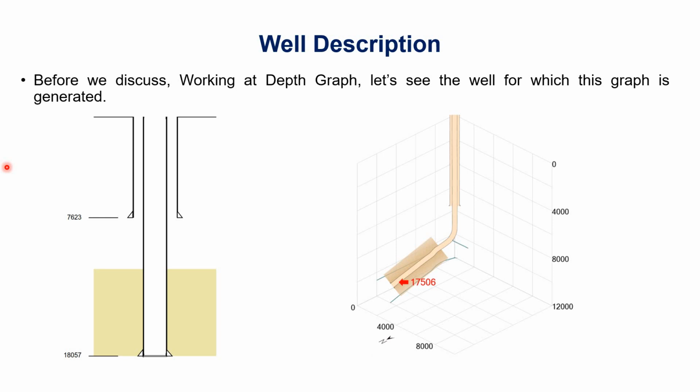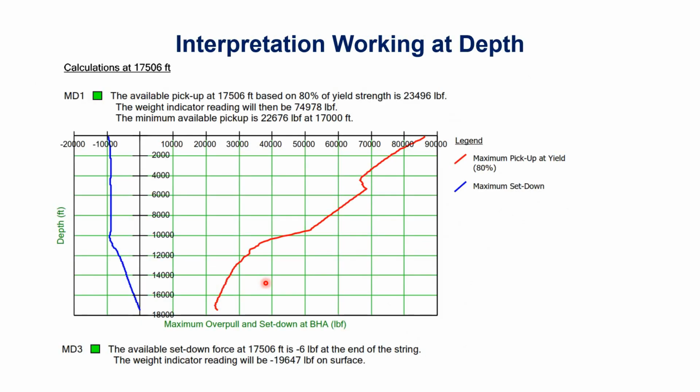This graph we just started interpreting has been generated for this particular well. The well is a horizontal well with a depth of 17,506 feet, and it is completed with 5-inch casing. As we just discussed, this message will appear when we perform the simulation.